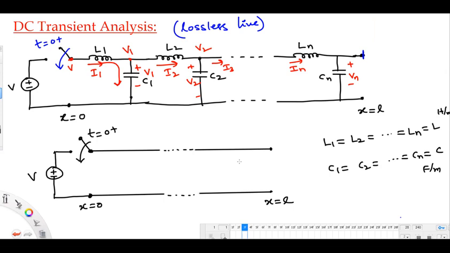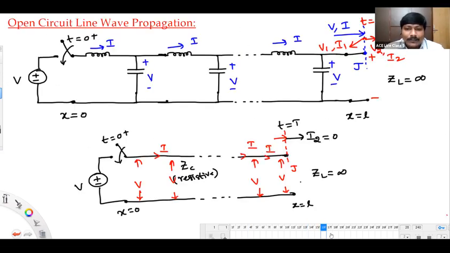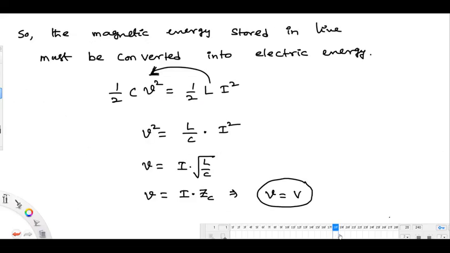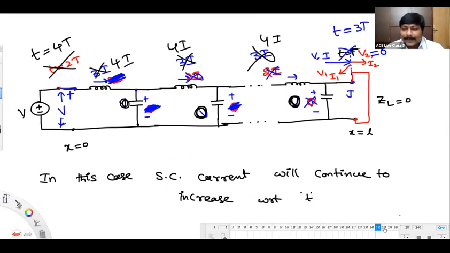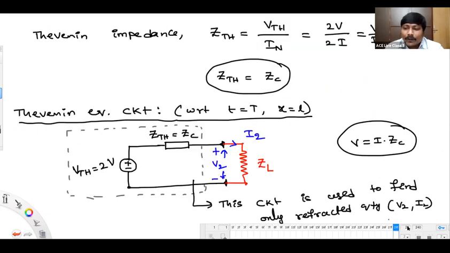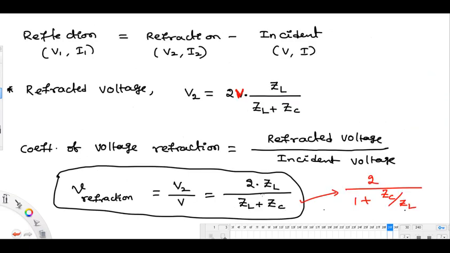For example, you have refracted voltage 2V into ZL by ZL plus ZC, na? Incident voltage may change with respect to time. So the refracted voltage may change with respect to time. But whatever coefficient we have there, 2ZL by ZL plus ZC, that will remain constant with respect to time, right?